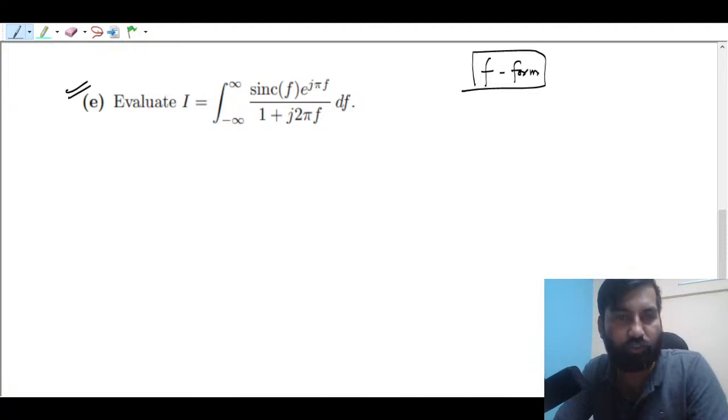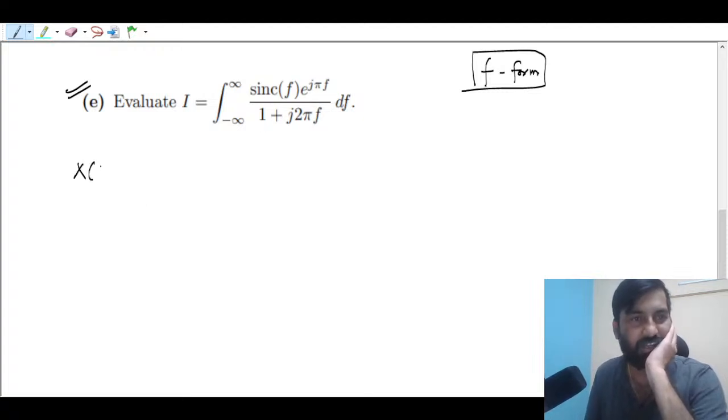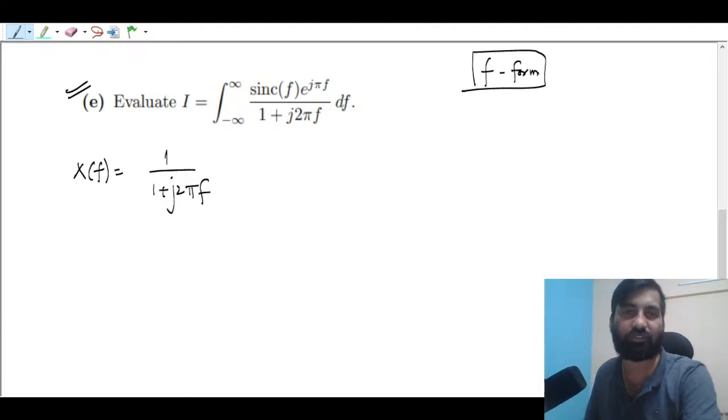You have to use the Plancherel relation in f form only. Now, to solve this integral, first, what is X of f? You can say X of f is nothing but 1 over 1 plus j2 pi f. This is X of f. Then you have to take Y of f, and you have to take the conjugate of that.